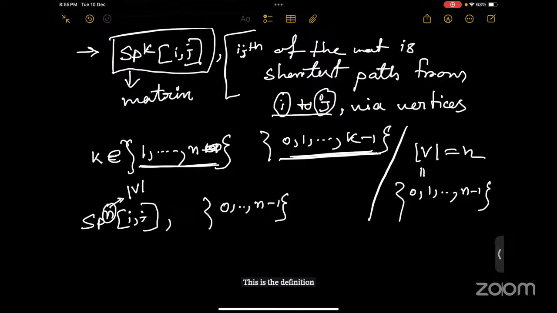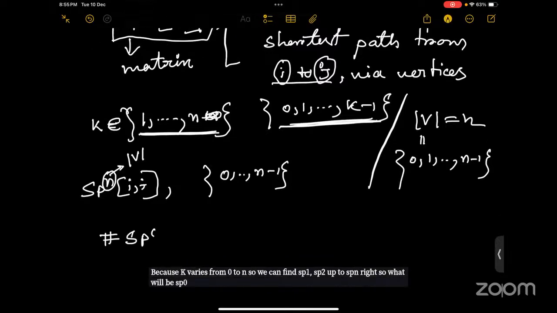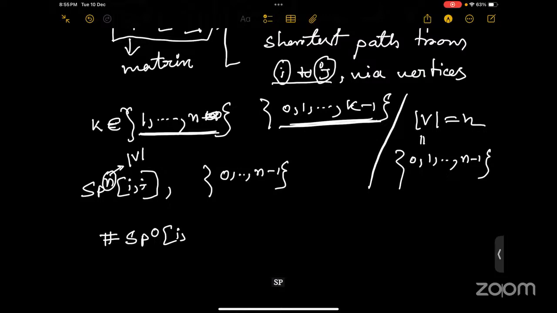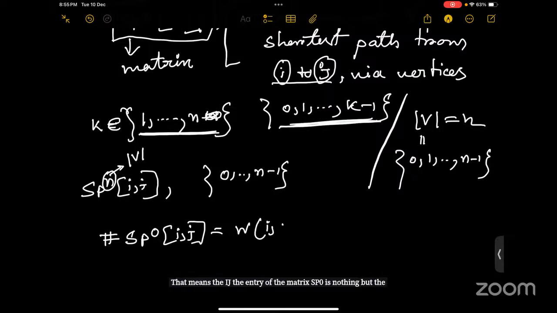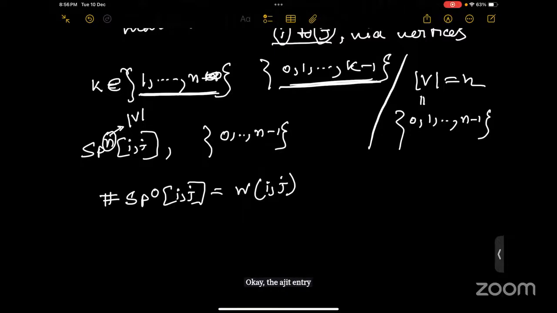Because k varies from 0 to n, we can find SP1, SP2 up to SPN, right? So what will be SP0? The ijth entry of the matrix SP0 is nothing but the weight matrix of the graph. The ijth entry of the SP0 matrix will be the weight of the edge ij.